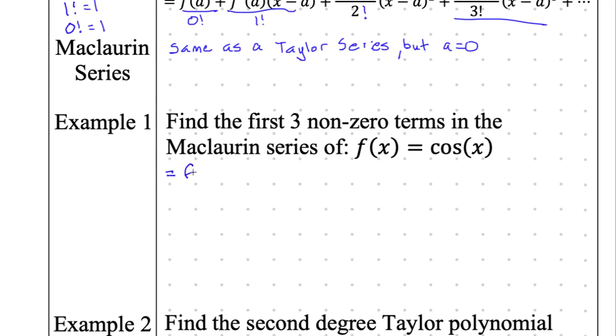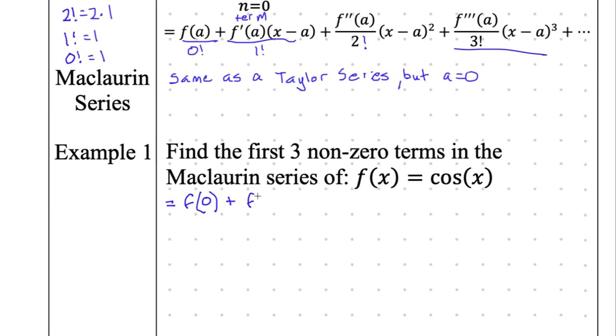This is equal to f of 0, because my a is 0 in this case, and then this is going to be plus f prime of 0 times x minus 0. Well, it's kind of silly to say x minus 0, so I'm just going to write x. And again, these two are being multiplied by each other. And I'm going to say plus f double prime of 0 of x minus 0.